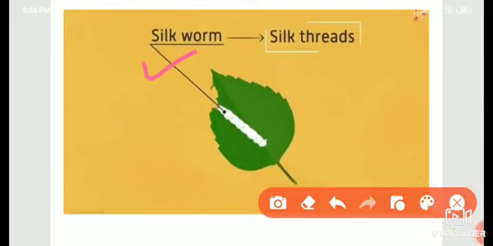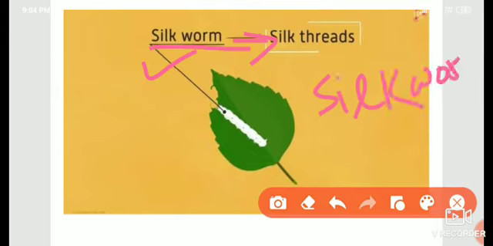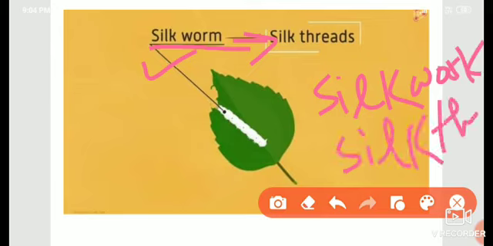Firstly, you can see in the first stage the silkworm on a leaf, and then you have to learn about the silk thread. It means we get the silk thread from the silkworm. From where, students? Silkworm gives us the silk thread.